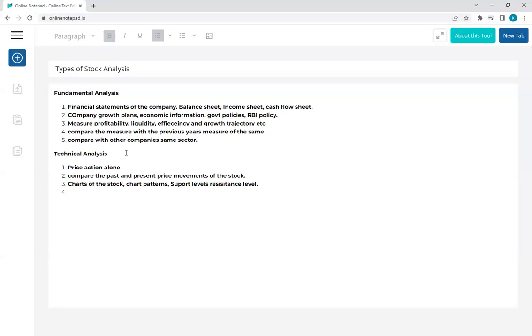But in what scenario do we go with fundamental analysis, and in what scenario with technical analysis?